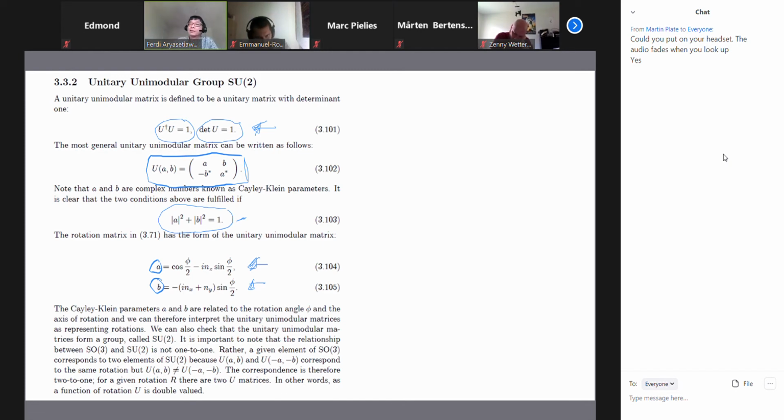But then they must be related to the rotation in 3 dimensions, the SO3, because these parameters A and B contain the information about the rotation. So we have nx, ny, and nz, as well as the angle.